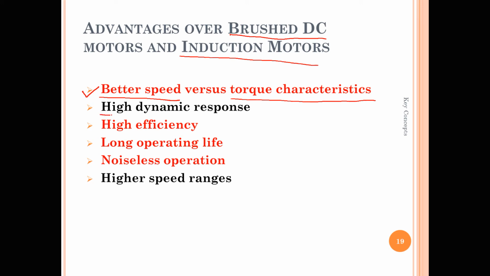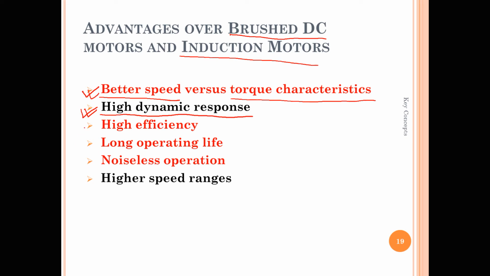While we are controlling it with electronic commutation or electronic control, we have a good dynamic response, as well as its motor structure, where the rotor is a permanent magnet, so it can respond very dynamically, which enables us to use these motors in applications that require very high dynamic responses.